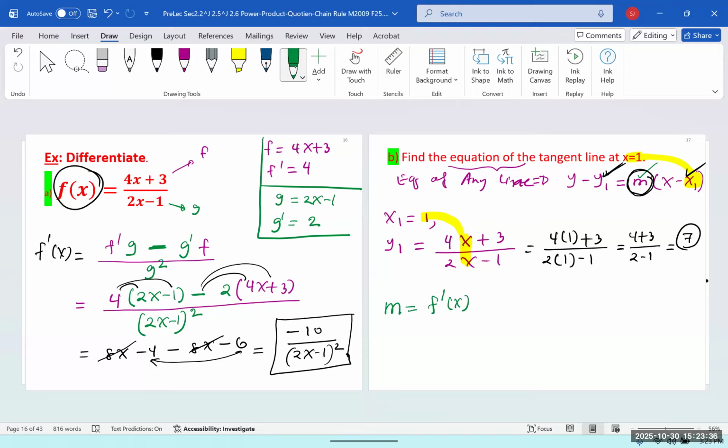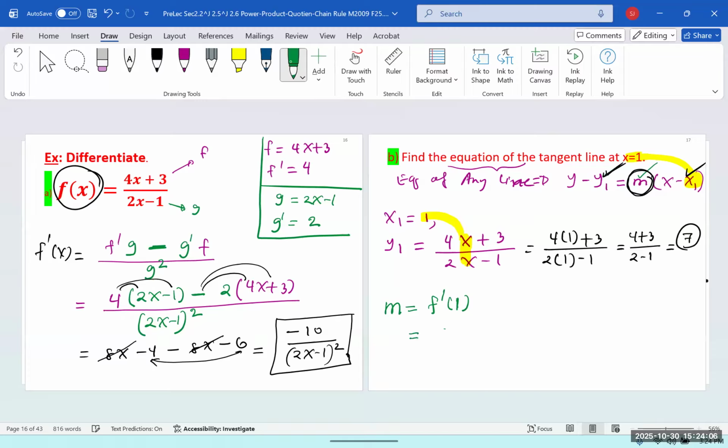We cannot plug in an equation here, right? It doesn't make sense. We need a number. So how do you find the number for our slope? What do you plug in for x? 1. So when you plug x into the original function, you get y1. When you plug x into the derivative, you get the slope.